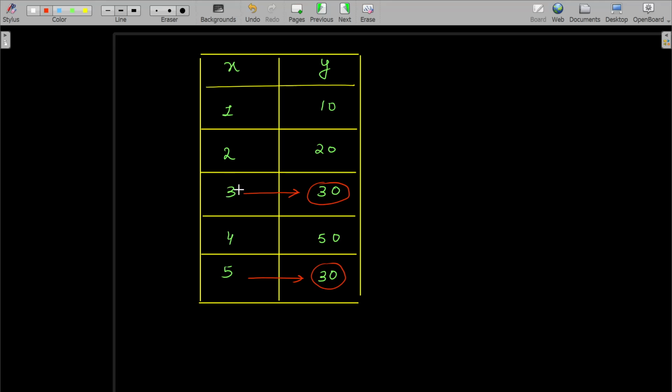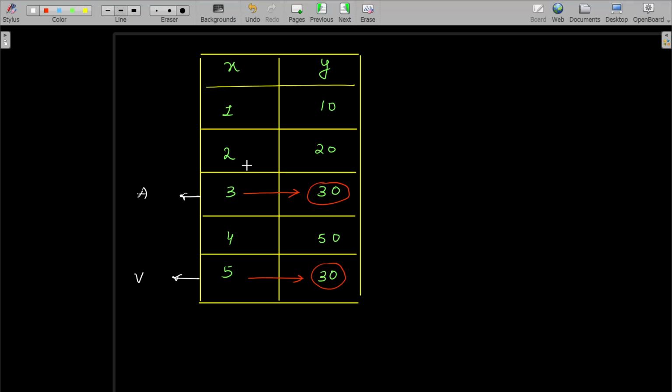So if 3 is a person and 5 is another person, let's say 3 is Anishka and 5 is me. This is you and this is me. So both of us can have the same weights, right? You can also weigh 30 kilograms. I can also weigh 30 kilograms, right? So this is fine.